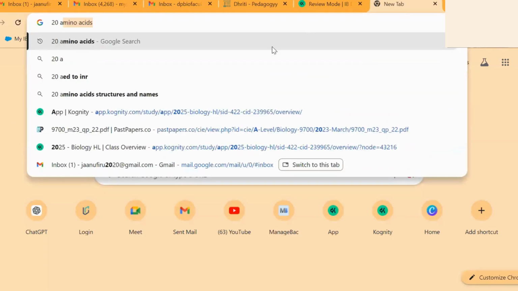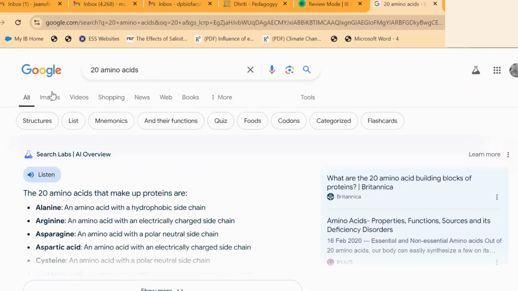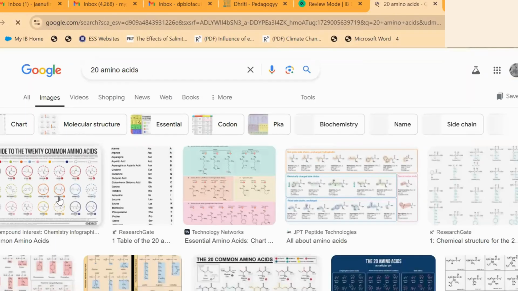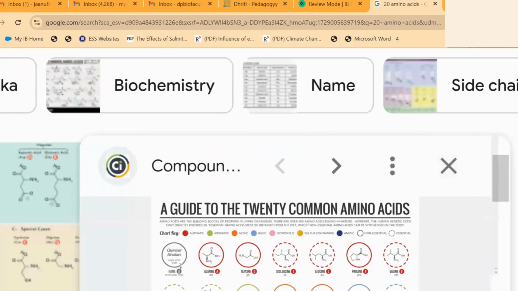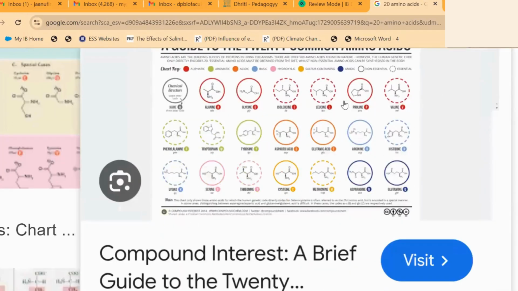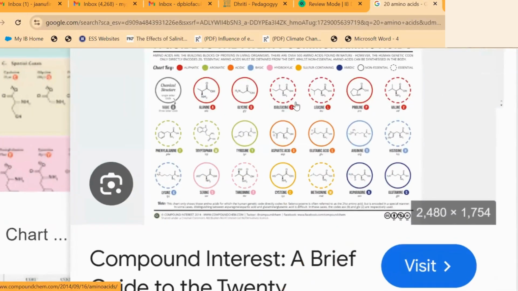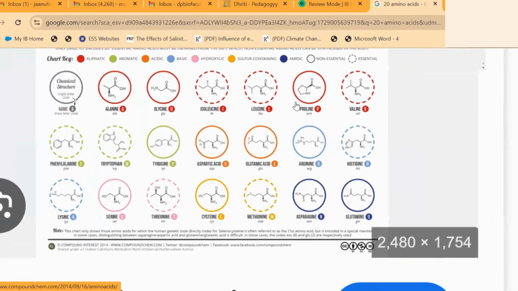So if you see some structures like this, this is how it looks, and this is how all the side chains are. The amino acid names are not given here. If you want to identify which ones are positively charged, look for all the ones which have NH2.